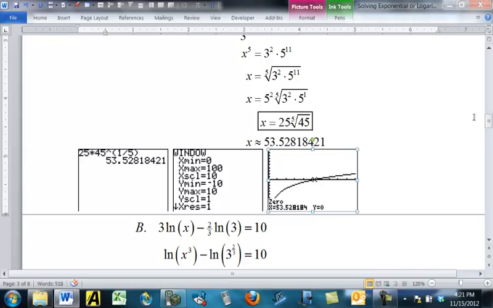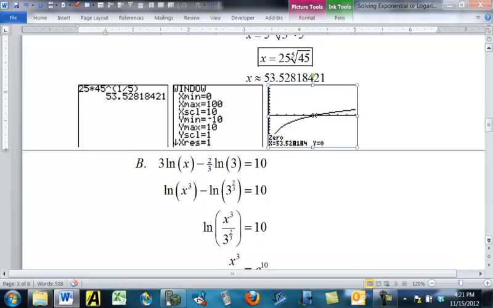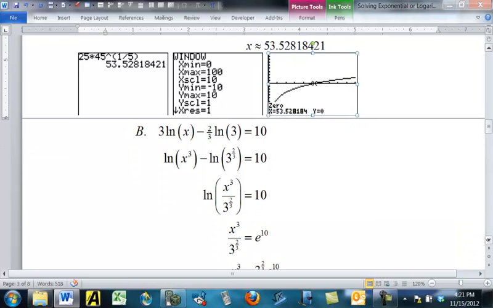Very similar. This is natural logarithm, but same kind of thing. Bring the coefficients in, make powers out of them. Now we can combine it to one logarithm. Then we can rewrite it as an exponential. This time the base is e, so it's e to the 10th equals whatever's in the parentheses.